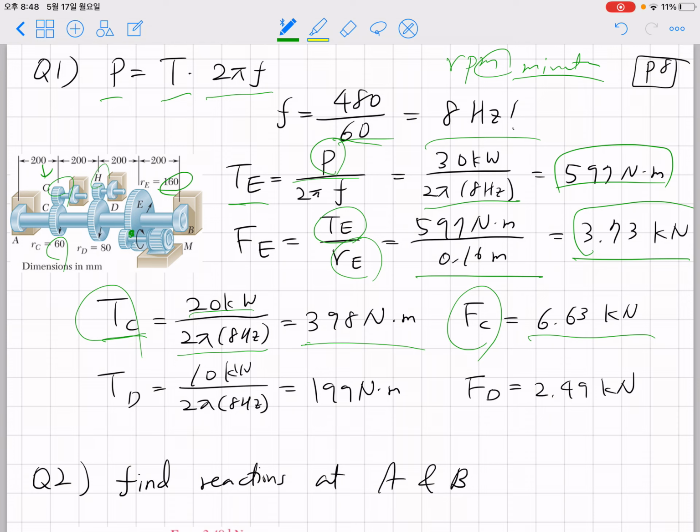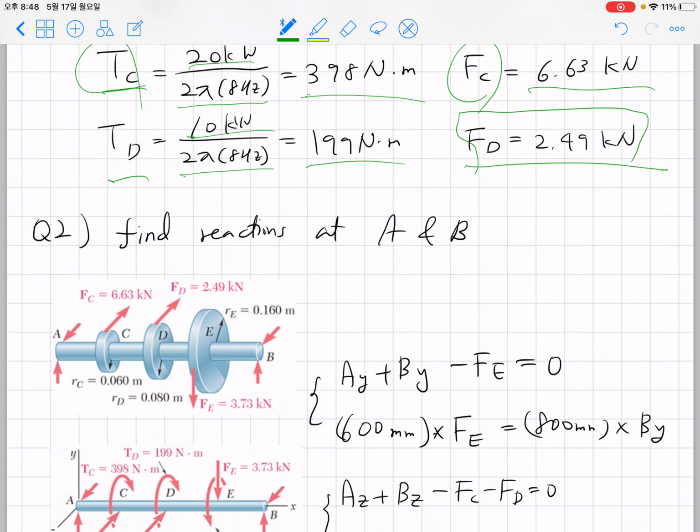About the H, you have a torque of 10 kilowatt divided by 2 pi f, 199 newton meter. And about the force, you divide the torque by 80 millimeter and it becomes 2.49 kilonewton. With that, you can answer the first question regarding the torque and force for the gears.